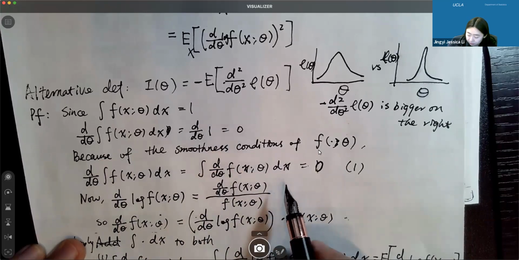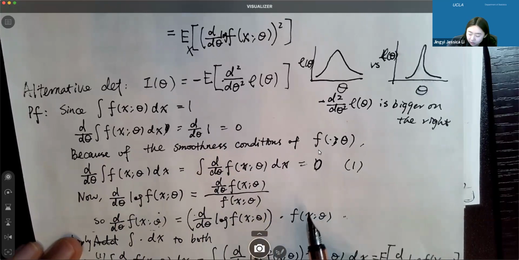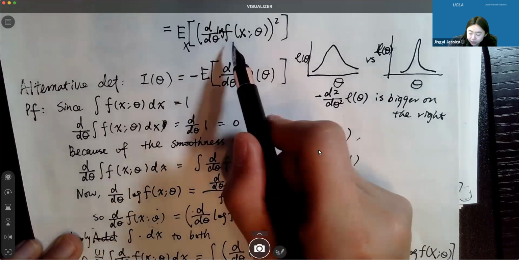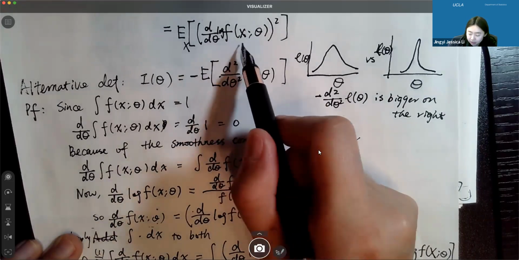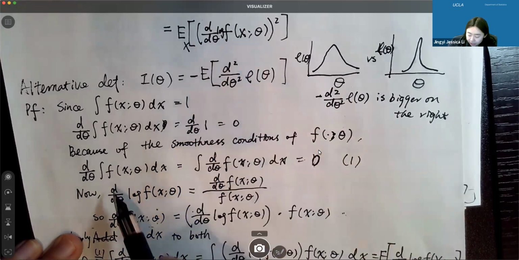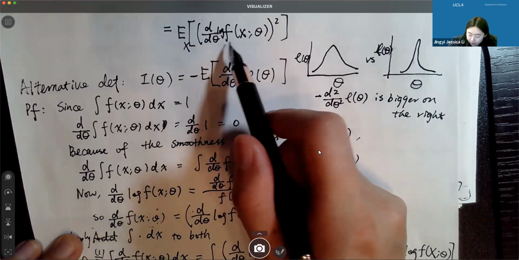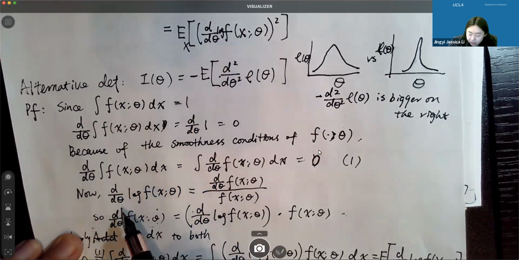Because this follows from that, this is 0. Also, in this Fisher information we work with the log density, log f. So let's look at the differentiation against theta of log f.